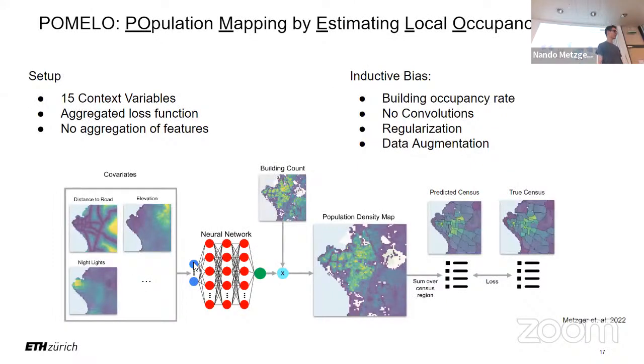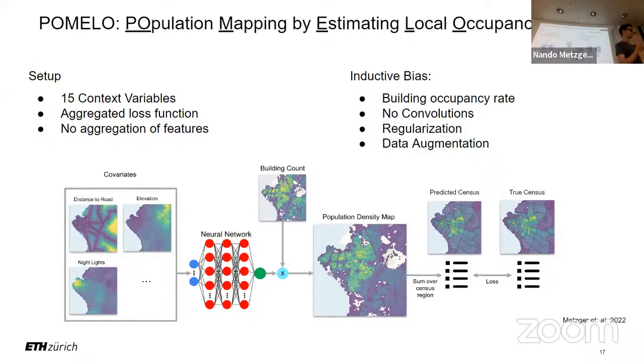So if I ask you about building count, this includes all buildings, including scale. Yes, it could also be industrial buildings. Yeah, that's what I was thinking. For the network, it's super misleading.